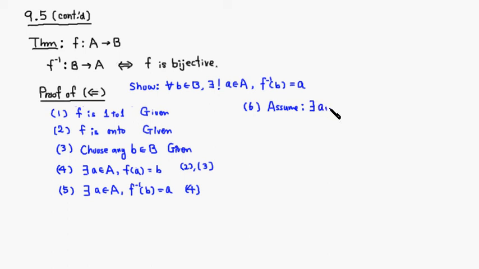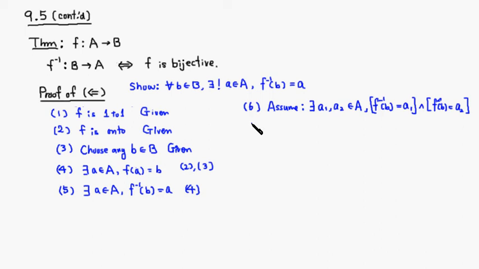So I'm gonna call them A1 and A2 in A, such that F inverse of B is equal to A1, right? At the same time, F inverse of B is equal to A2, right?